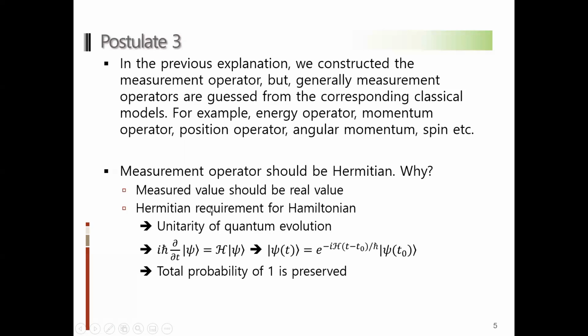Also, in the previous example for the two-level atom, I mentioned that the measurement operator for energy is called a Hamiltonian, and the Hamiltonian appears in the Schrödinger equation, and I also mentioned that the Hamiltonian should be Hermitian. Why is that the case?